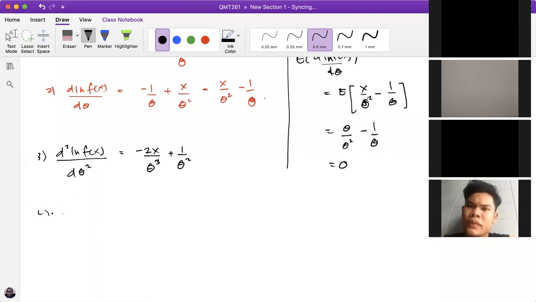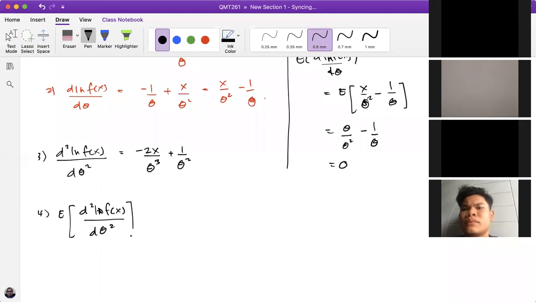The fourth step is to take the expected value of the second derivative. This is the expected value of negative 2x divided by theta to the power of 3 plus 1 over theta to the power of 2.